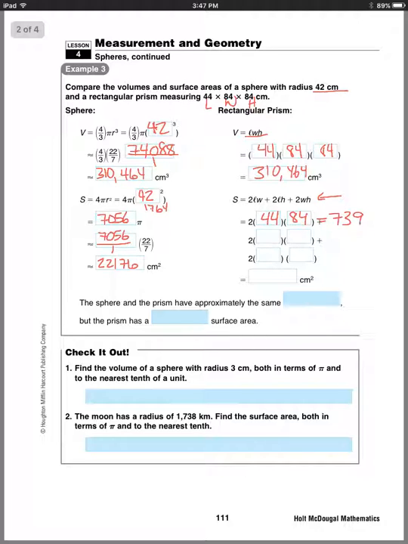We multiply it by that because there is a front and there's a back. So we have to multiply it by 2 because there's actually 2 44 by 84s. Then we have length times height. Our length is 44. Our height is 84. Again, we get 7,392. We have a right and a left side.